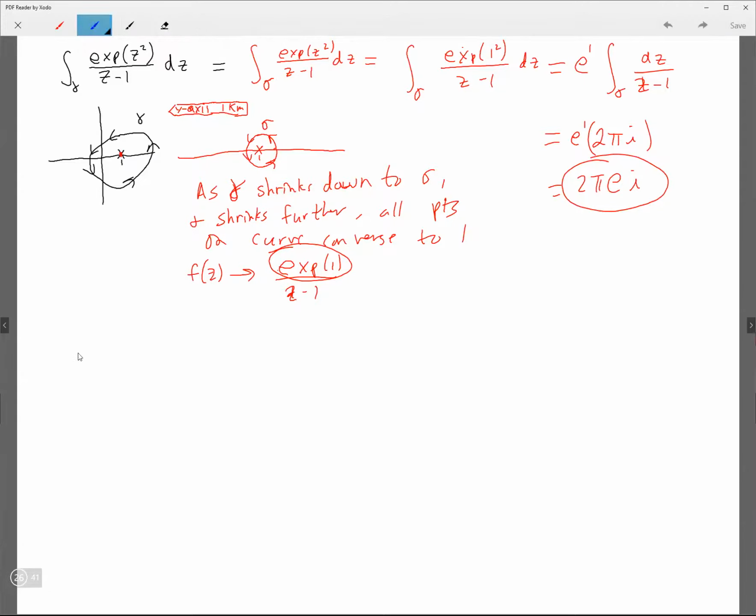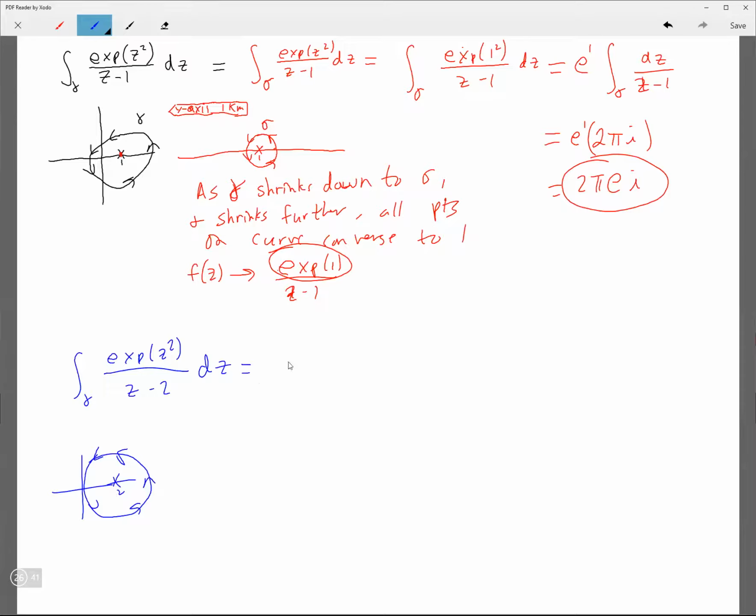Okay, so you're saying if, let's say you had a curve and if this was a z minus 2 in the denominator, is that what you're asking? I was actually asking if the circle is like, yeah. And the circle is around 2.